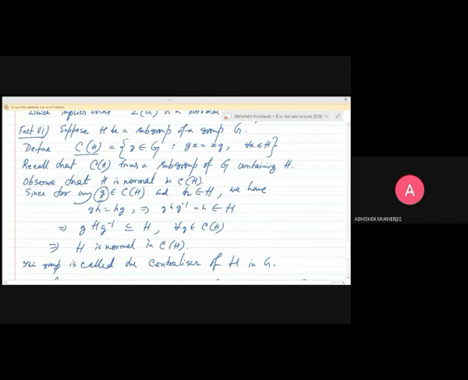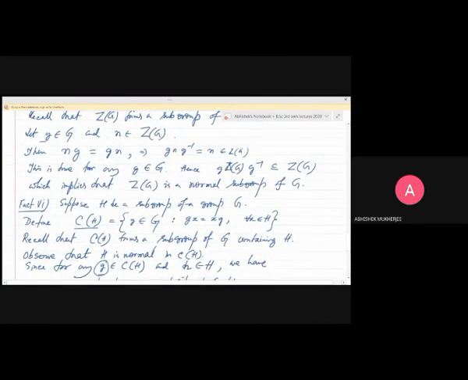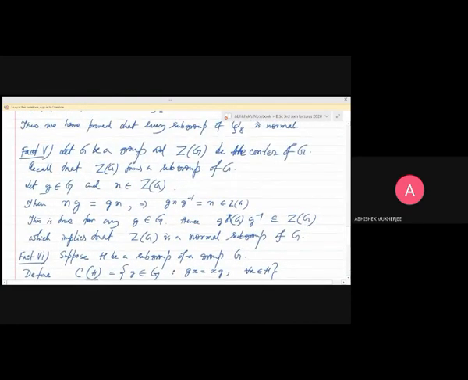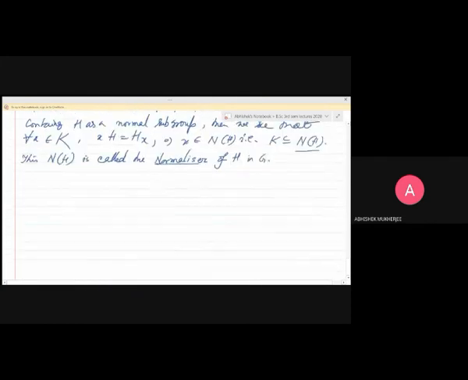And the question is, do you find any comparison between these two groups, that is, the centralizer and normalizer of a subgroup in a group G? Can we establish any comparison between these two concepts?